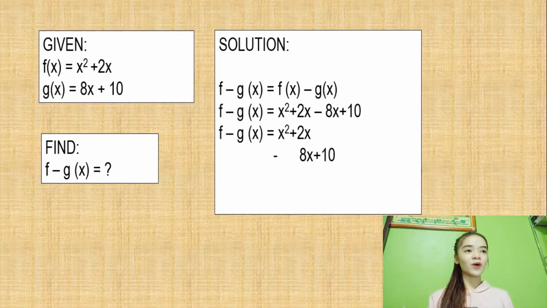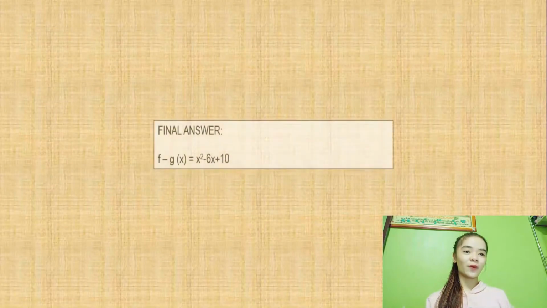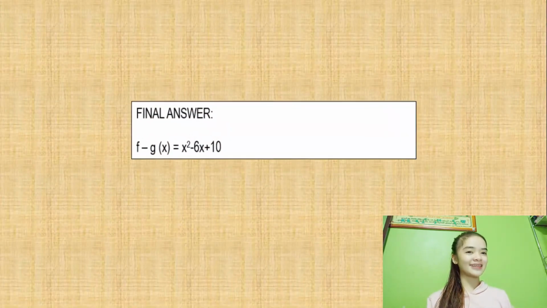Since there is no other term with an exponent, we are to copy x squared, then 2x minus 8x is negative 6x. And lastly, we bring down 10. So our f minus g of x is equal to x squared minus 6x plus 10.